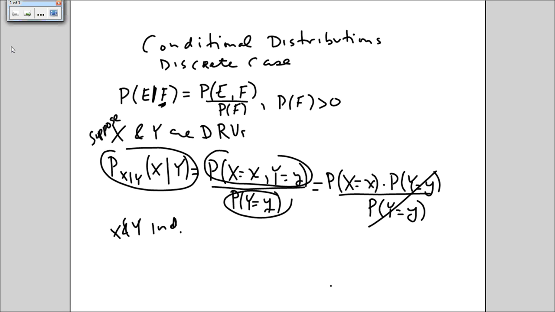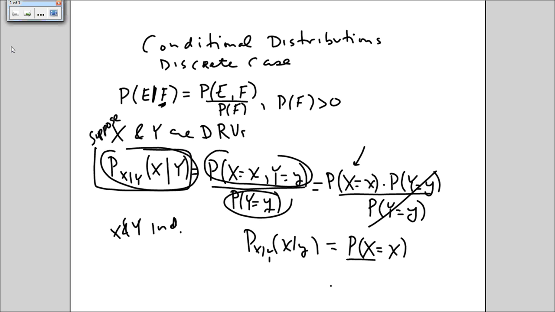And this cancels out, and all you're left with is the probability that X equals little x. That is, P sub X given Y of little x given little y is going to just equal the probability that X equals little x if, in fact, X and Y are independent. It's a straightforward proof to show that. Just use the formula and things cancel out.